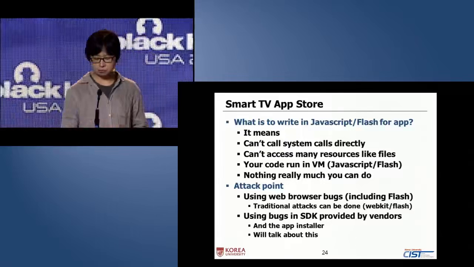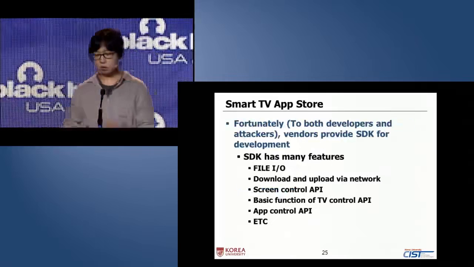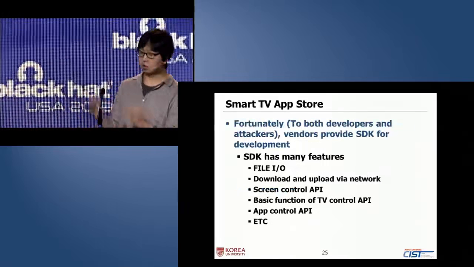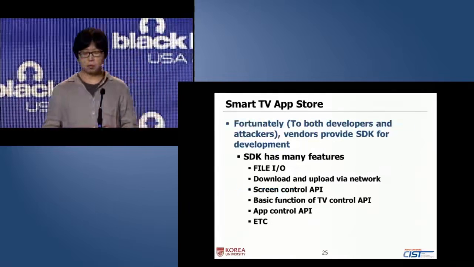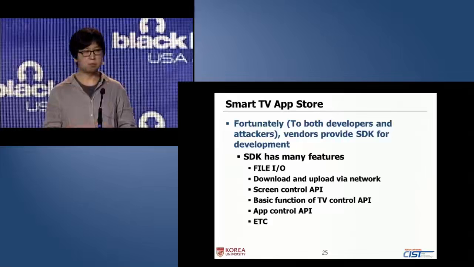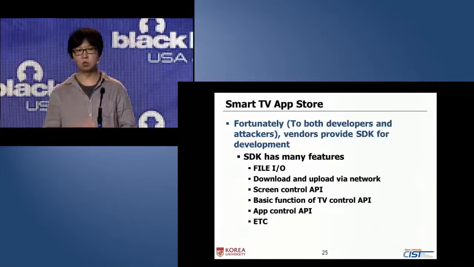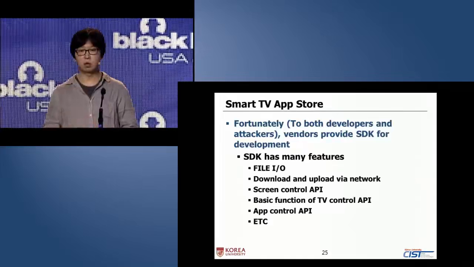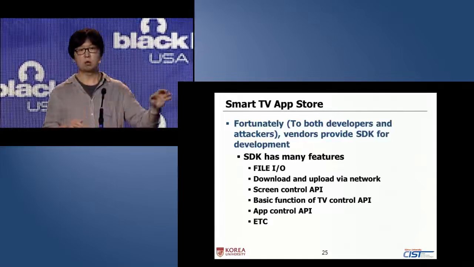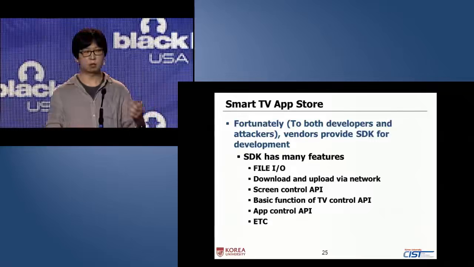I was focusing on the second part, which is the SDK. You cannot make much useful program using only JavaScript or Flash, so the vendor gives you an SDK to make developing applications easier.